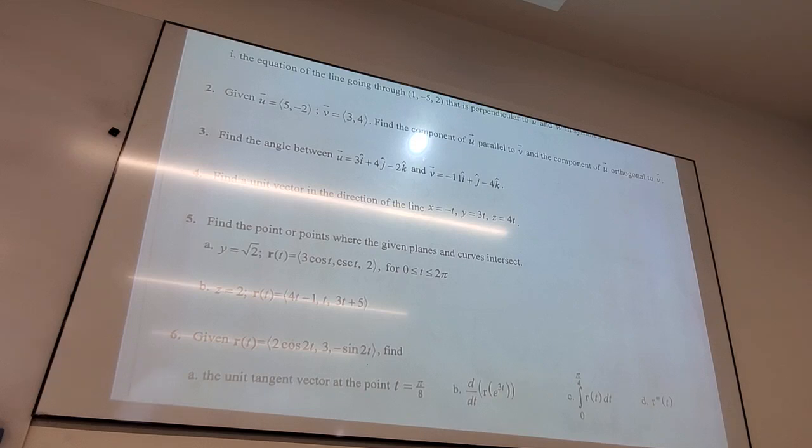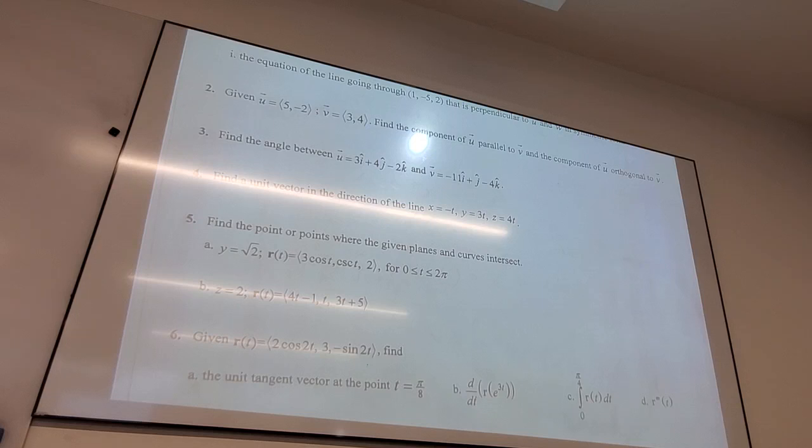Real quick, what's the projection of u on v? Yeah, okay, the equation's great. It's a vector, correct? The component of u parallel to v is a scalar. In fact, it's just the first part of the projection formula.